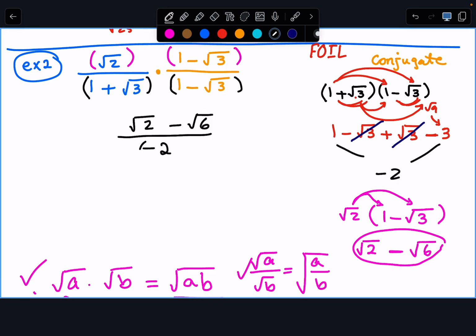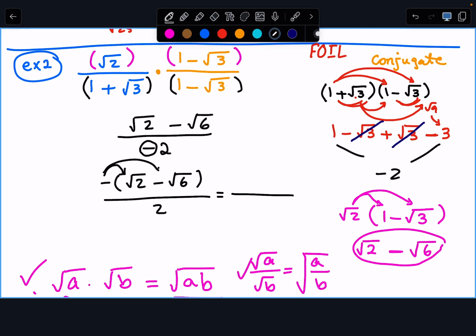Someone might say, oh, I like to distribute this negative to the numerator. That's fine. Or you can say, I like to pull the negative to the numerator and not have any negative on my denominator. That's fine as well. Someone might say, I don't like the parentheses, I want to distribute the negative in here. So then that's negative radical 2 plus radical 6 over 2. Do you see distributing the negative makes this one negative, the next one positive?